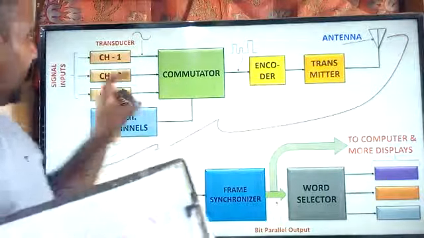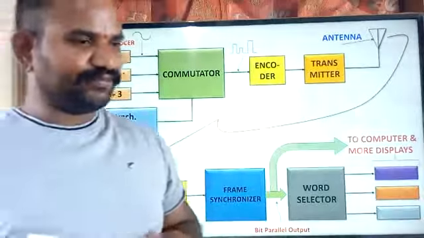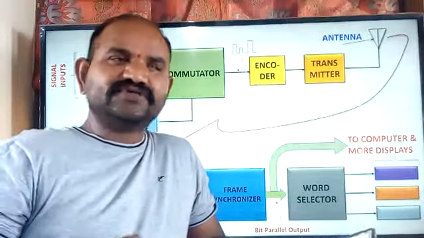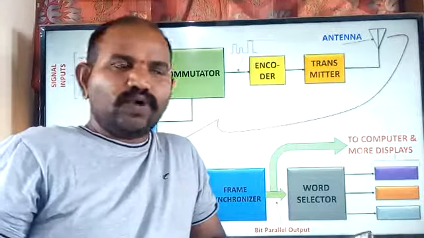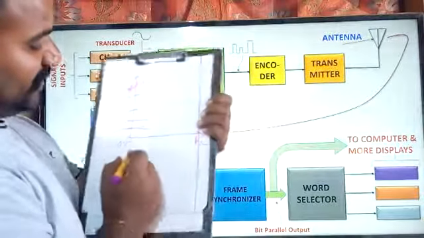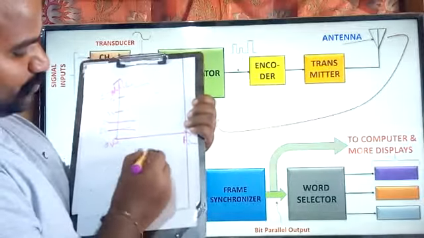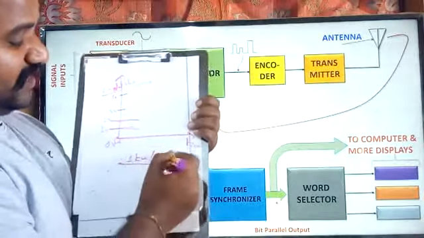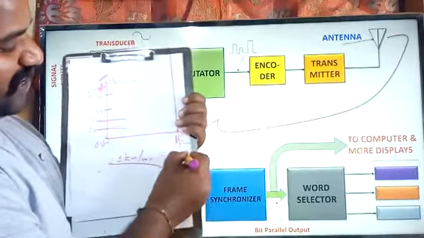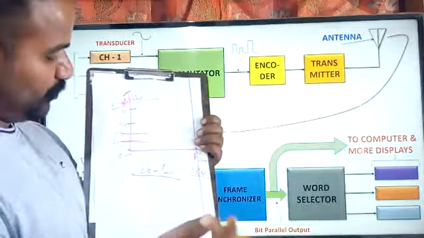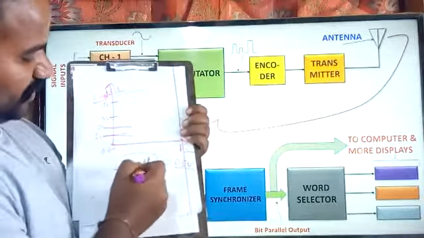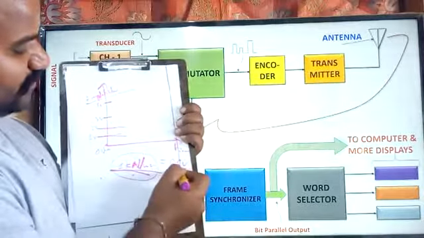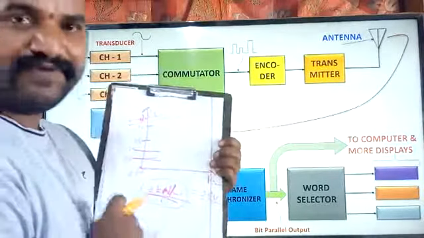For example, one of the channels is changing its value. I am assuming that one of the channels is a pressure channel, one of the transducers which is measuring the pressure. For every 1 kilo Newton per meter square variation in the pressure, it is changing the output by 0.5 volts.